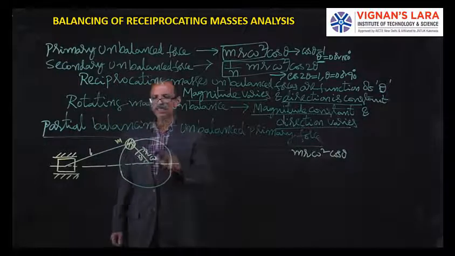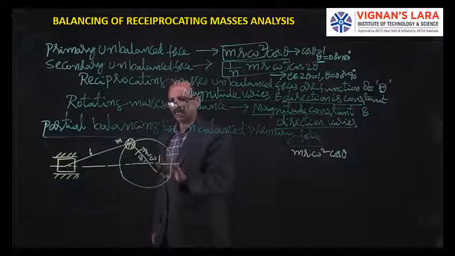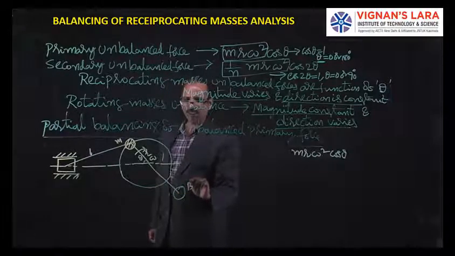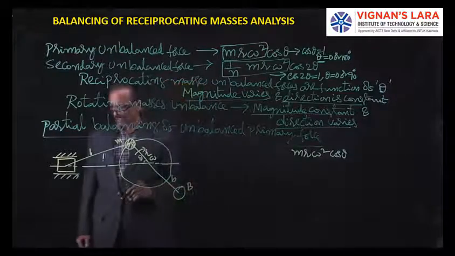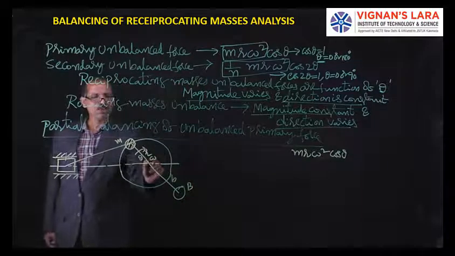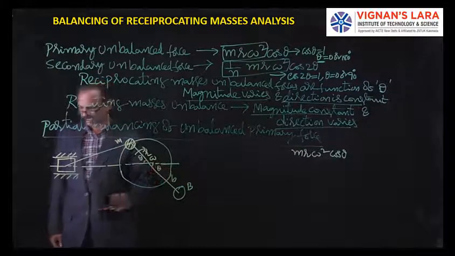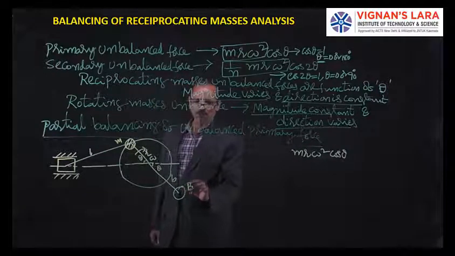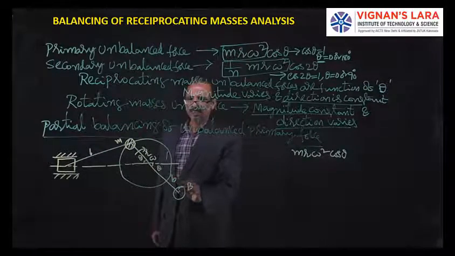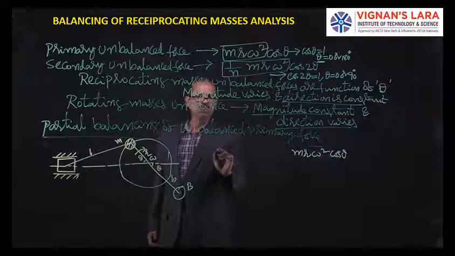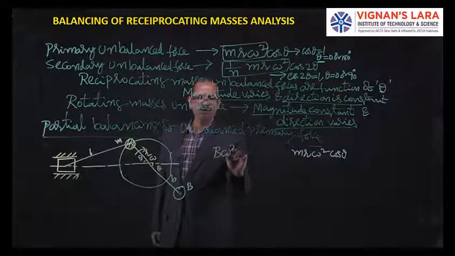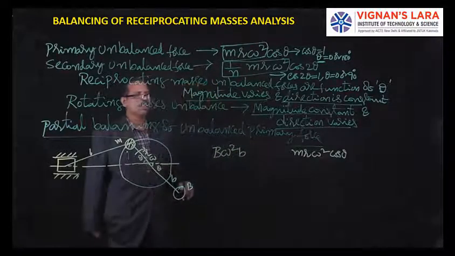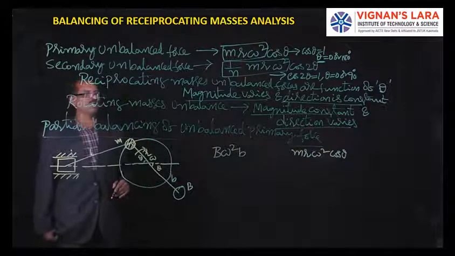If I balance this directly by placing a mass exactly opposite to that, a mass of b with a length of b, exactly opposite. This is theta, this is also theta. Then because of the mass introduced here at a radius of b, there will be a centrifugal force which develops, b omega square b.